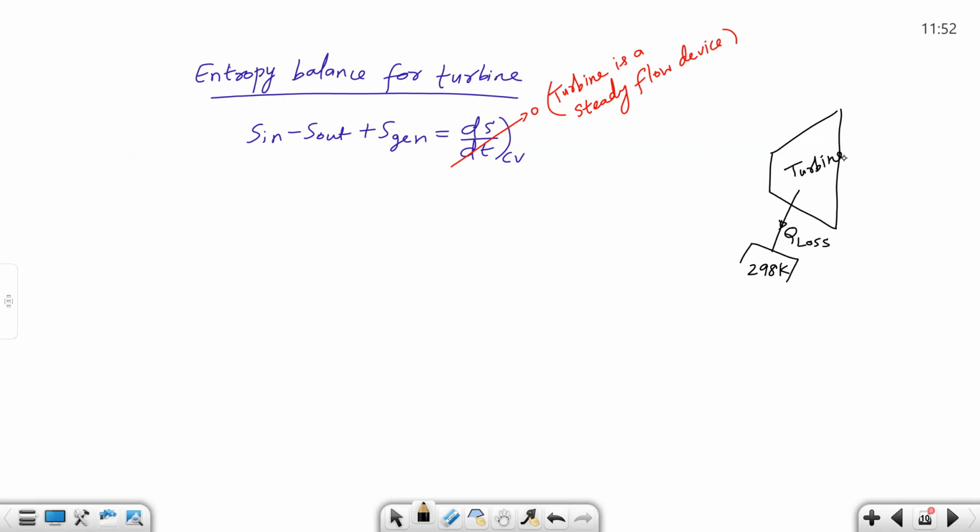Now we assume that entropy loss from turbine due to heat loss equal to entropy gain by atmosphere.